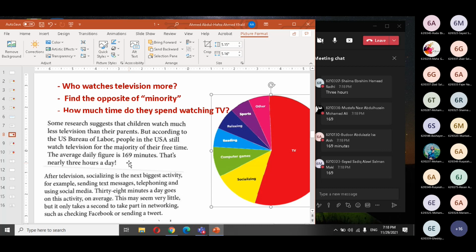Okay. Now read the second paragraph. This is the activity that takes most of their time, watching television. What is the next activity and how much time does it take? Read the second paragraph and find out.